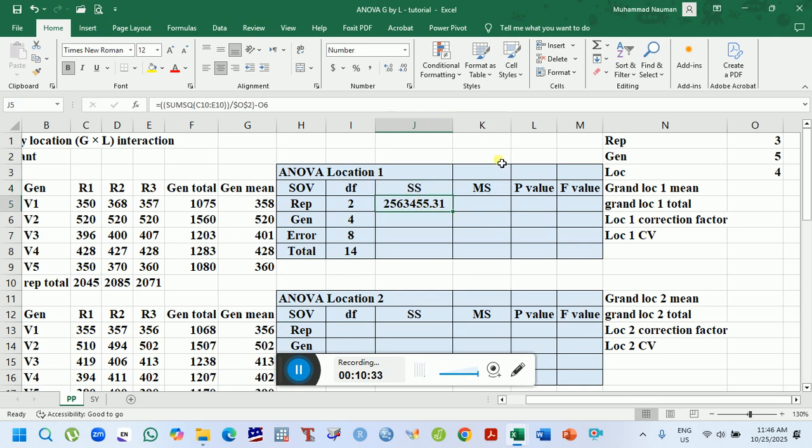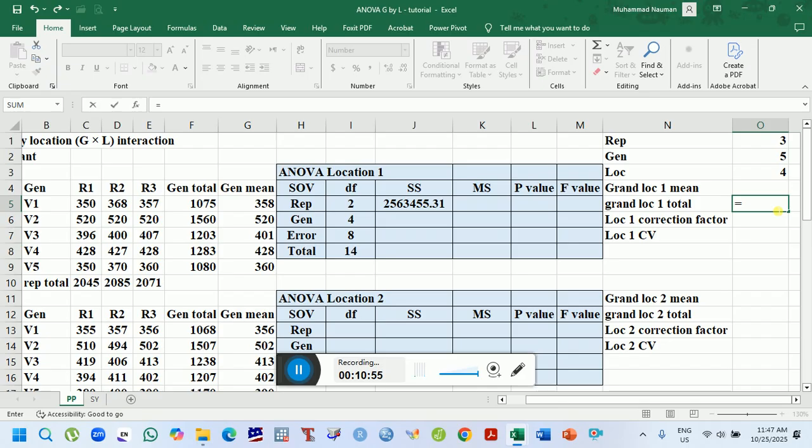So in O6 here we will calculate the correction factor. Correction factor will be calculated. First we will calculate the grand location 1 total, is equal to SUM.